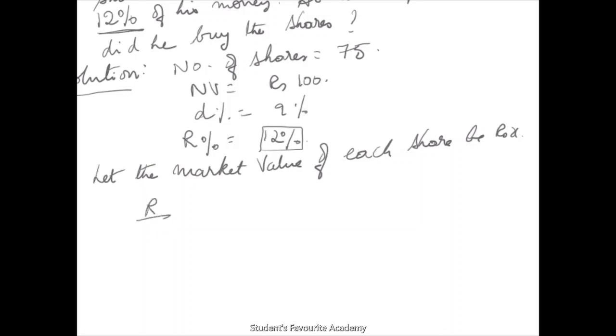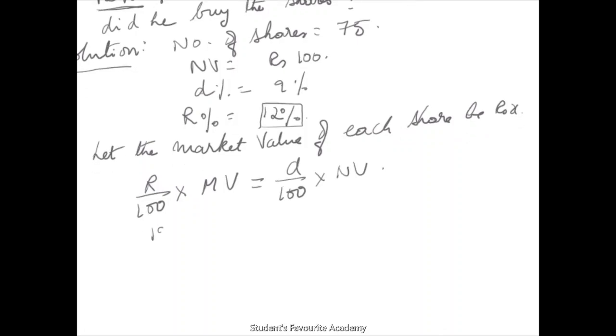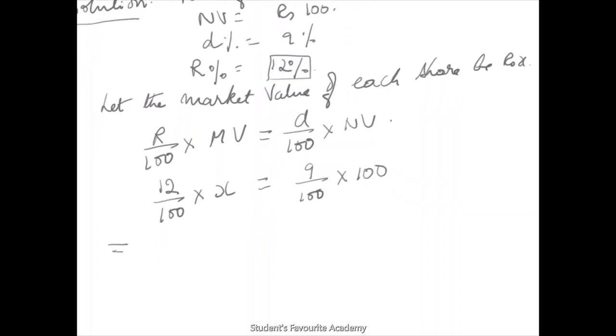R percent into market value is equal to D percent into nominal value. So R percent is 12%. That means 12 upon 100 into market value X is equal to D percent, that is 9% of nominal value, that is 100.